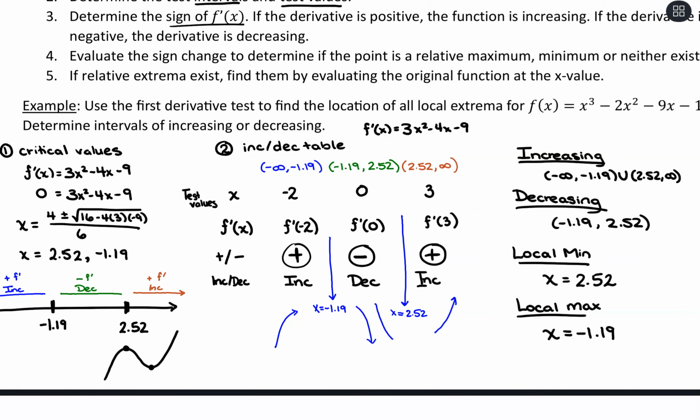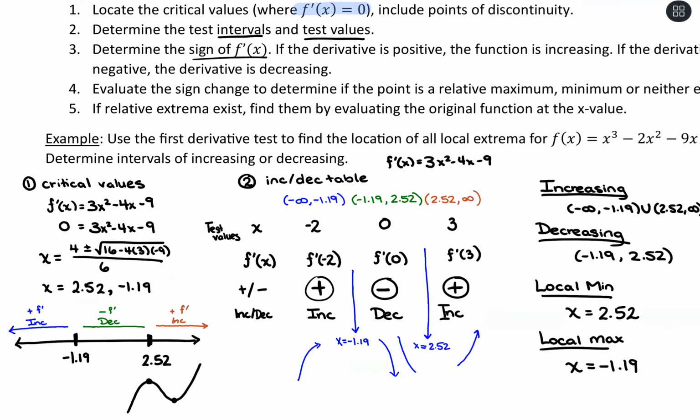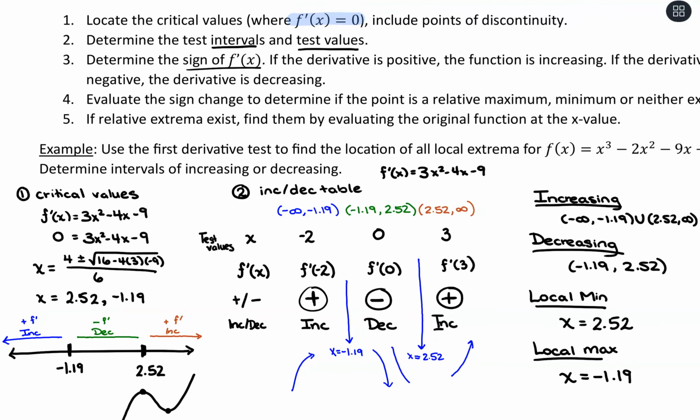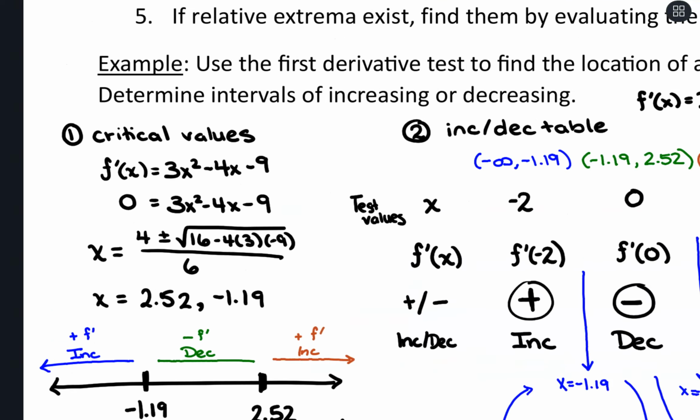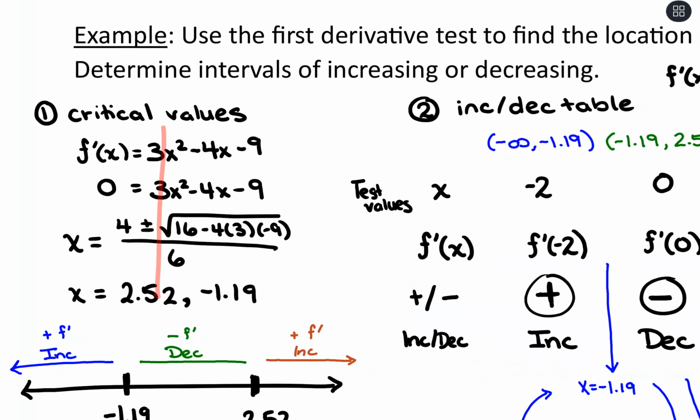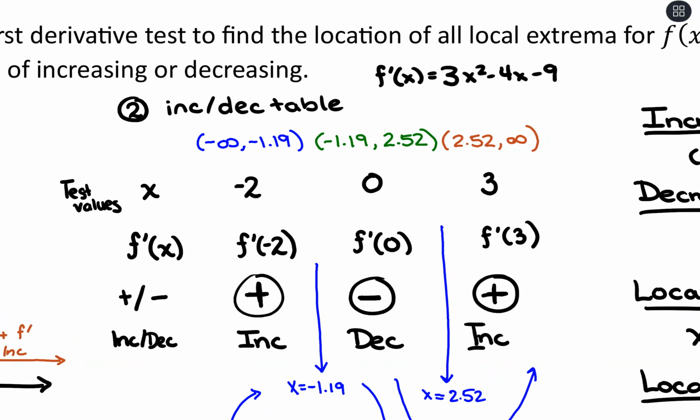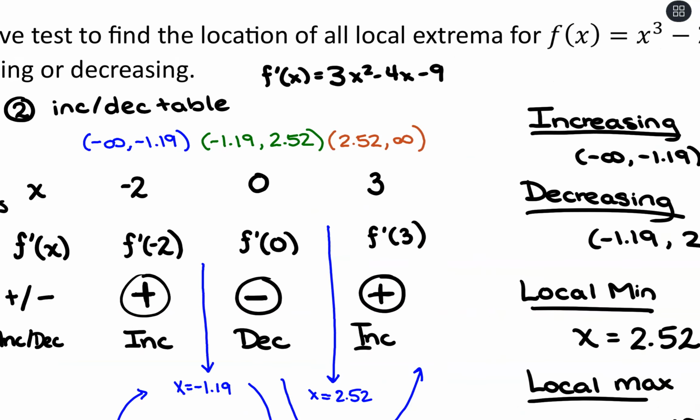I know this video is getting a little bit long, but just to kind of walk you through the process, and we'll do this more too, and I'll show you as it goes faster, but start with the critical values. That'll lead you to your intervals. The intervals are the start of the table, and then what you're going to do is evaluate a first derivative within each of those intervals and just make note of positive, negative, which will tell you increasing, decreasing.